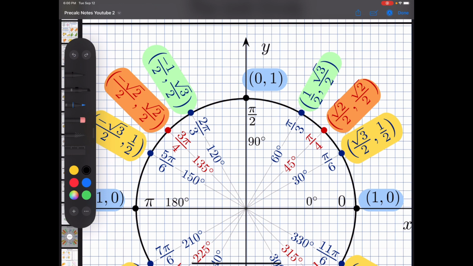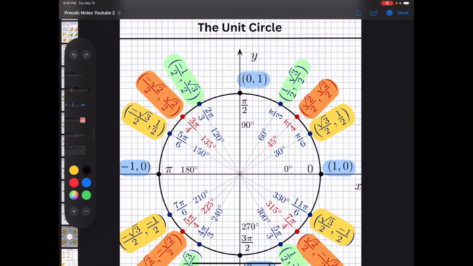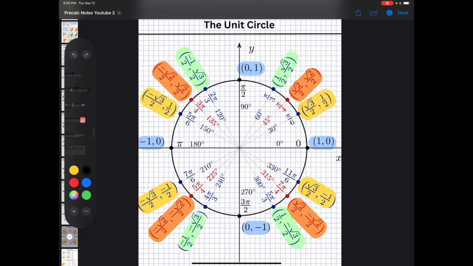Okay? And so this would create the entire unit circle.